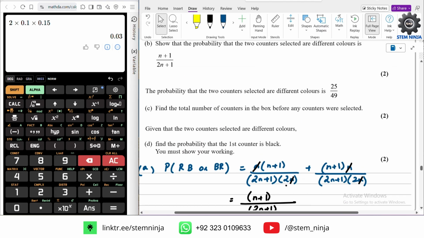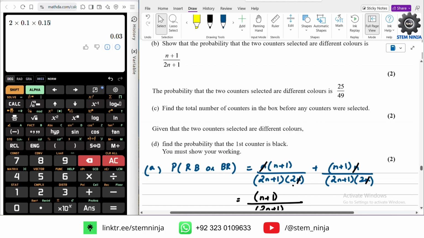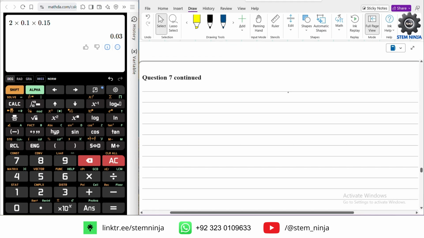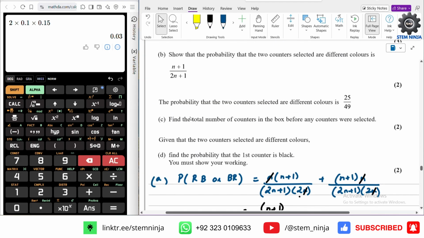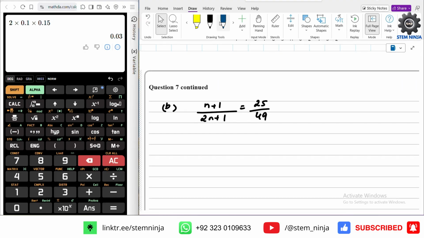Right. Okay. The probability that the two counters selected are different colors is 25 over 49. Find the total number of counters in the box before any counters were selected. So basically we need 2n plus 1. Okay, so first we need to find n. This n plus 1 over 2n plus 1 is 25 over 49. Right, okay. So cross multiply.